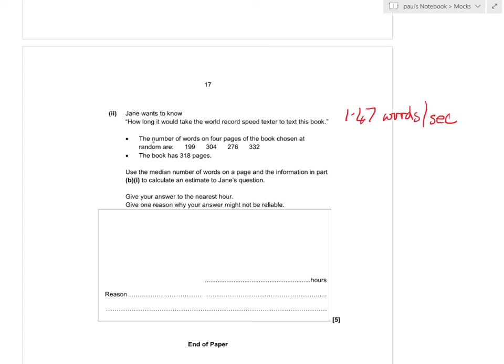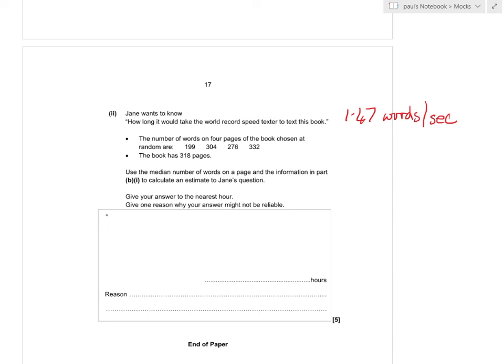The number of words on 4 pages of the book is given, and the book has 318 pages. Use the median number of words on a page to calculate an estimate.